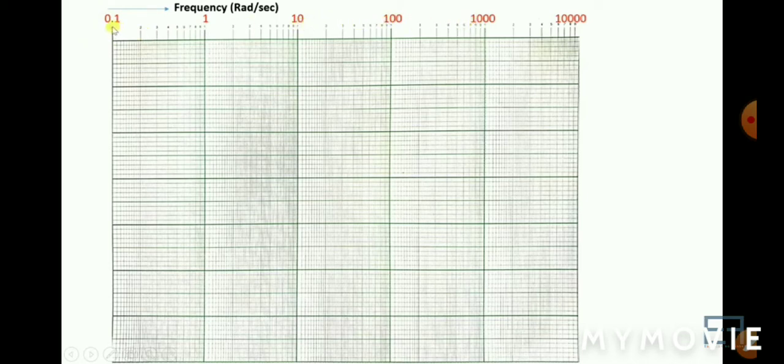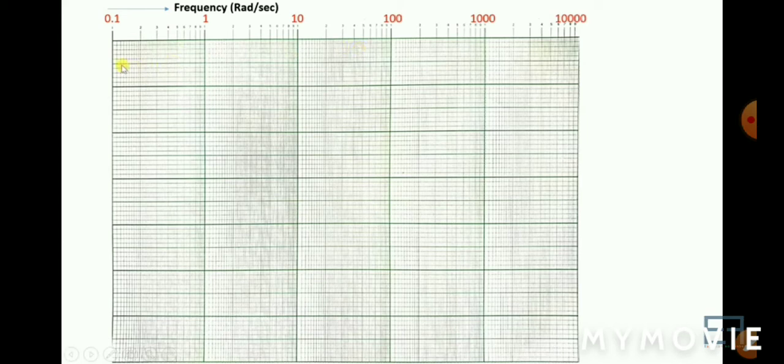So you can see here frequency in radian per second, it starts from 0.1 to 1000, 10,000. 0.1, 1, 10, 100, 1000. From 0.1 to 1 we have one decade: 0.2, 0.3, like that till 1.